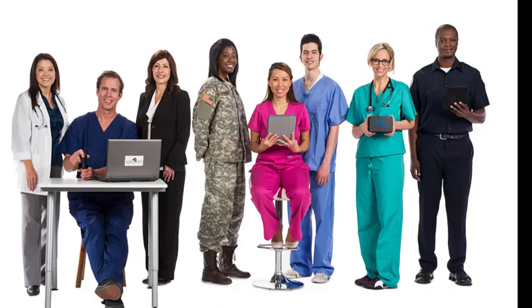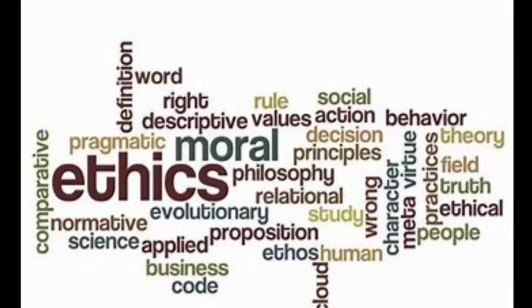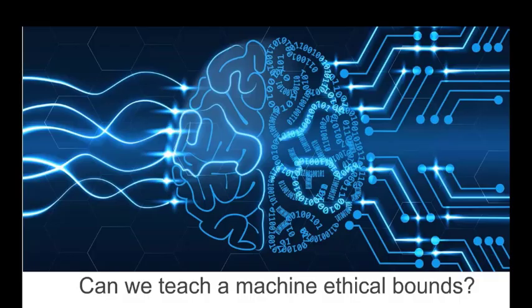We also noted that there are cultural beliefs and spiritual beliefs that impact each person's perspective of what is ethical. So again, the question we ask is, can we teach a machine ethical bounds?